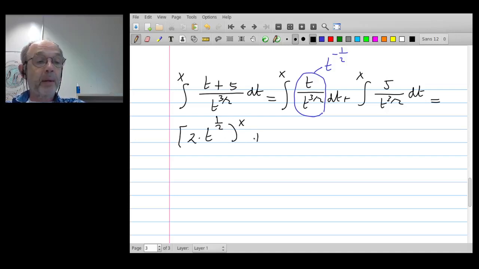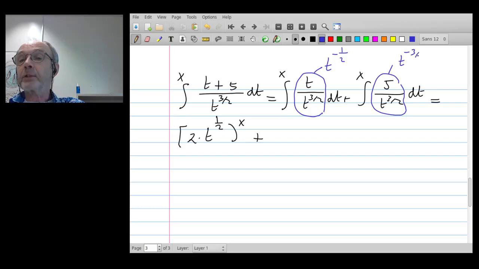Now, and the other one, what will we do? Here is t to the power minus 3 over 2. And so if we want to make a nice expression of it, we have then t to the power, and you have to add, so you have 5 divided by 2.